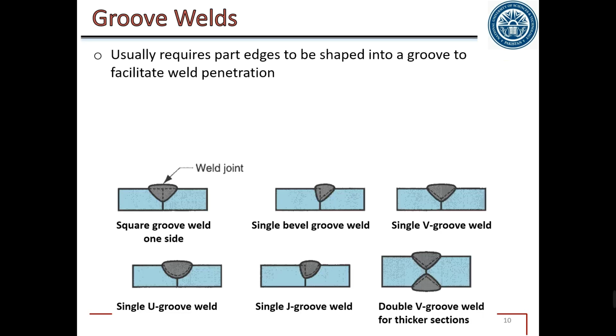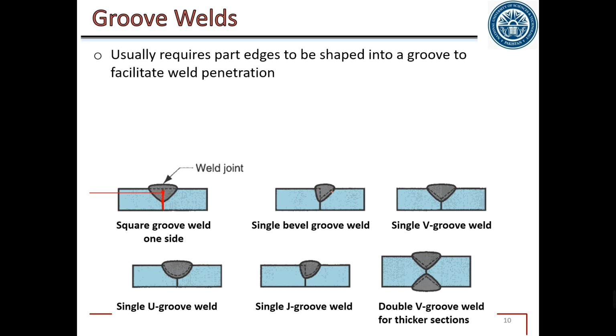Groove weld is carried out in case of butt joint. The main disadvantage as compared to fillet weld is that in groove weld, we have to prepare the edges. For example, in this edge butt weld, we have to prepare these edges so that there is no impurity, no particles within the edge. So before welding, we have to prepare these edges.